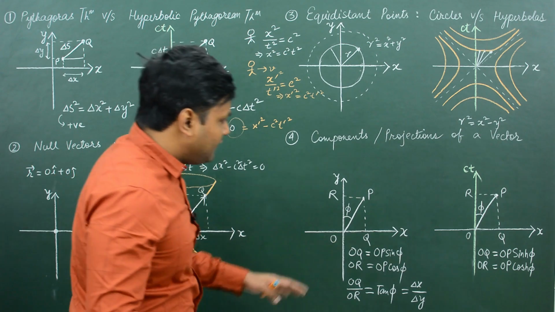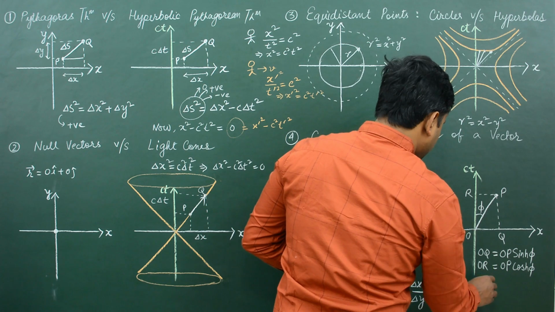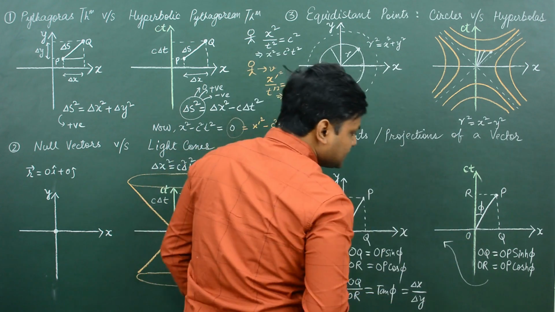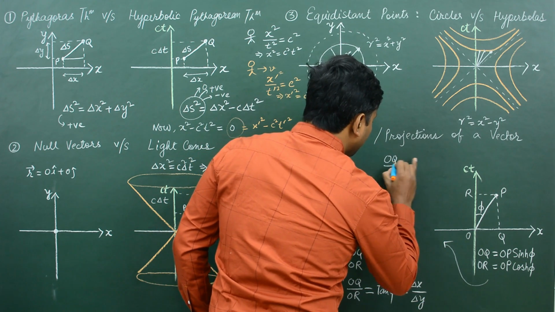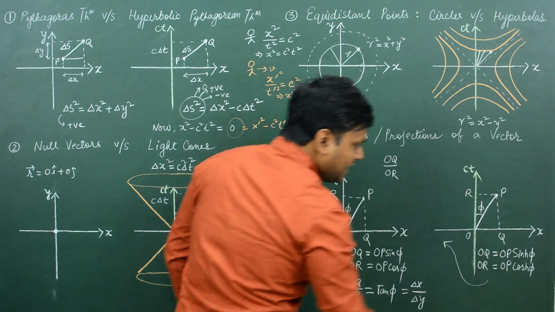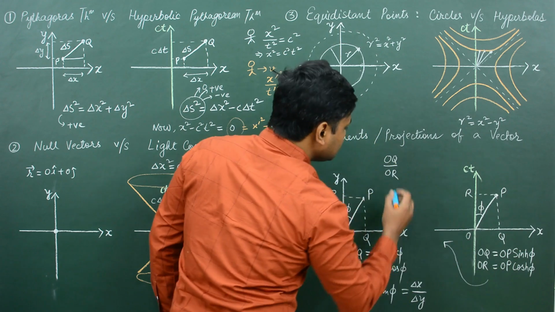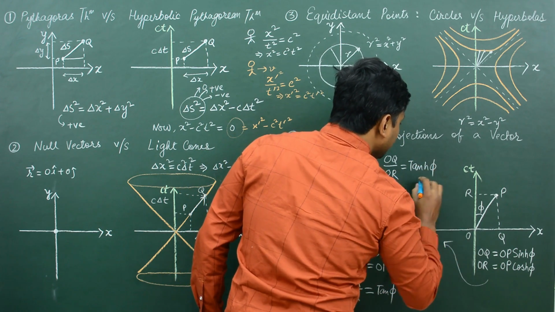On the other hand, if I perform a similar calculation in Minkowski space-time, then I can say that OQ upon OR for space-time is equal to OP sine hyperbolic phi upon OP cos hyperbolic phi, which is nothing but tan hyperbolic phi. What is that equal to?